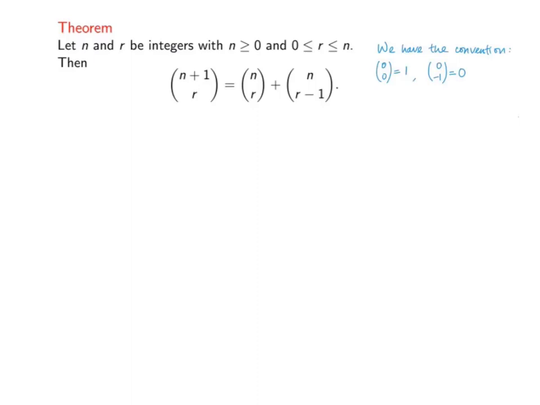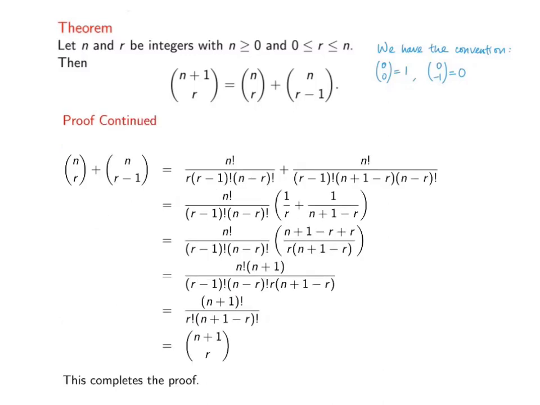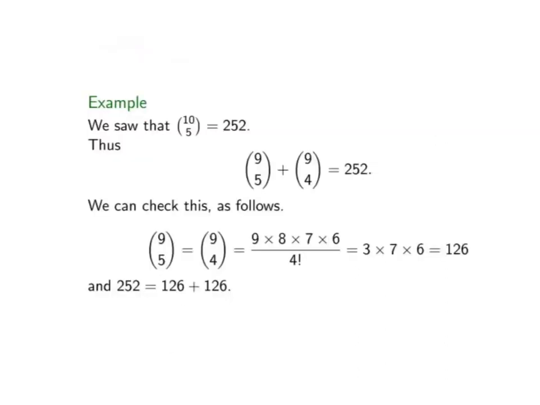Notice that we have the convention 0 choose 0 is 1 and 0 choose negative 1 is 0. Please refer to the mathematical proof for this theorem, and the example for an illustration of it.